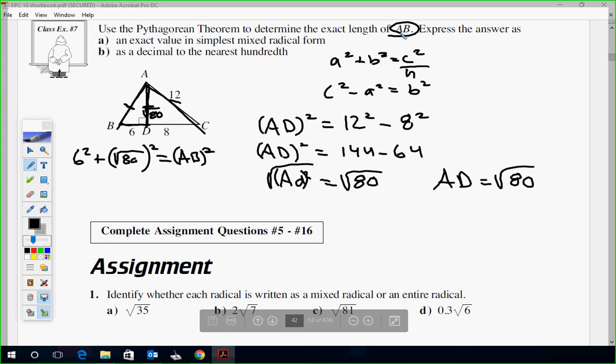All right, 6 squared, 36. What's root 80 squared? Just 80, right? They cancel. Radicals are canceled by squaring, so you're just canceling them. 80 plus 36 is 116.